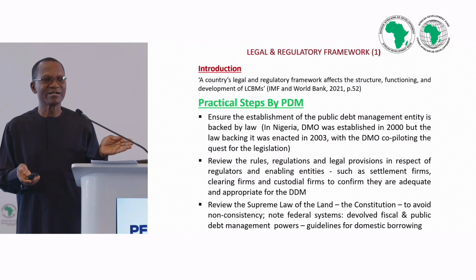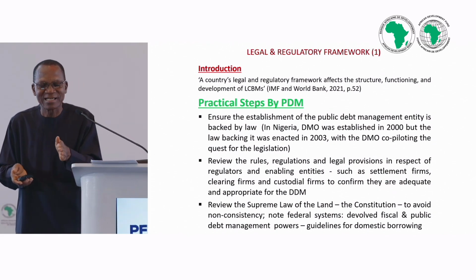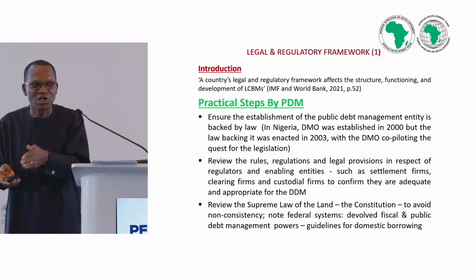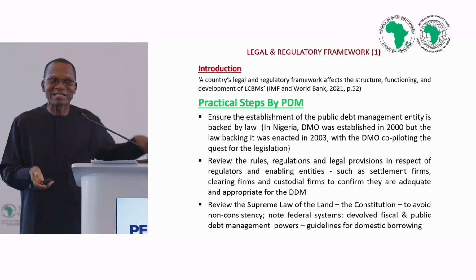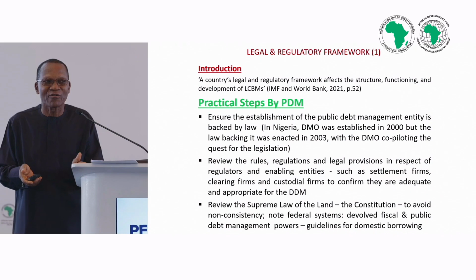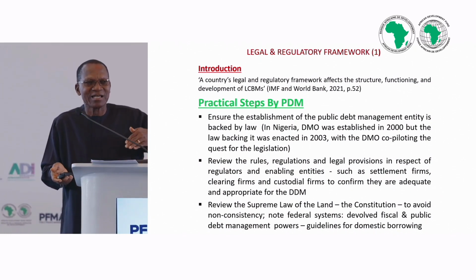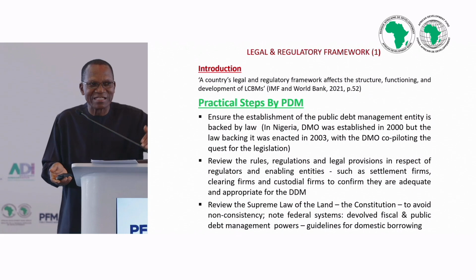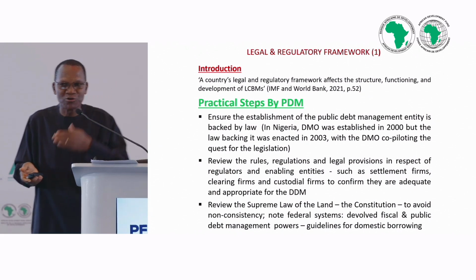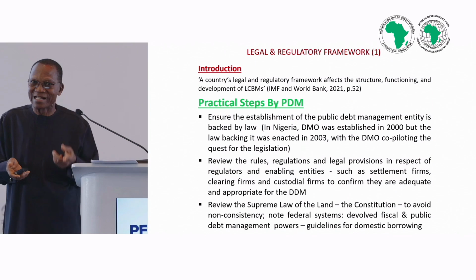All these regulators, the DMO had to take time to look at their rules and regulations for those who participate in the domestic debt market and see whether all of them are in tune with the expected development and deepening of the debt market. Where it is not so, they take initiatives, advocate for the necessary changes.